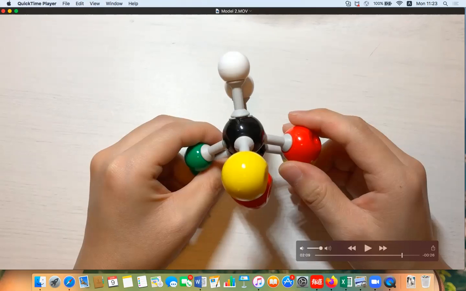So no matter how you rotate the mirror image, it won't fit exactly the same as the original one. So for this type of molecule, we say it is chiral. The mirror image is not superposable to the original one.